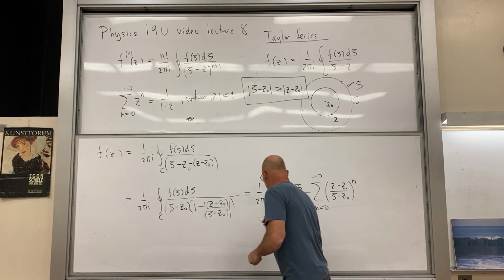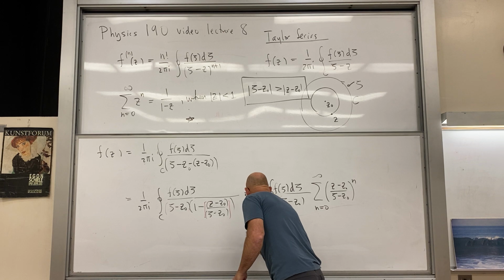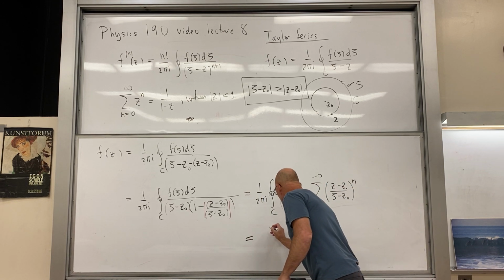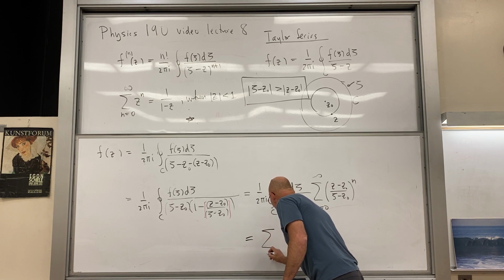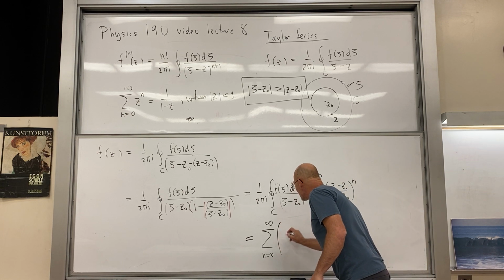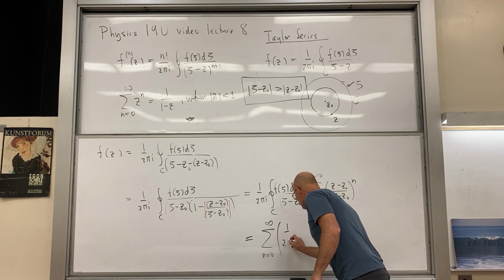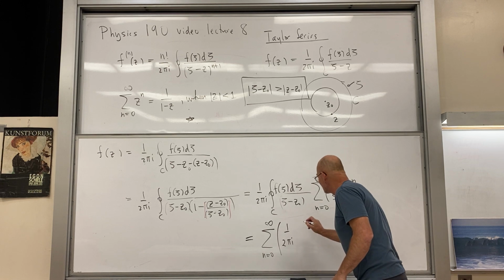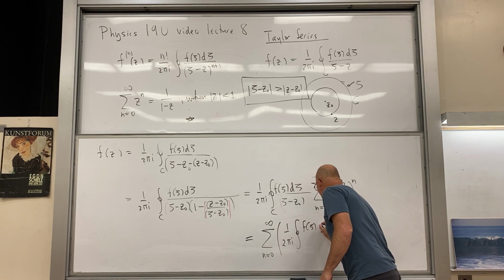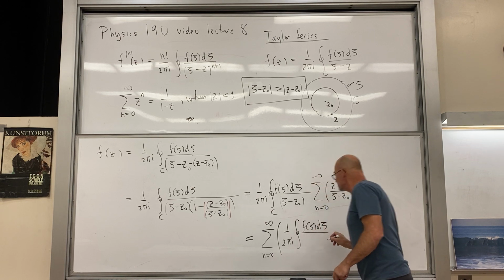So when we do that, I can write this all in one fell swoop. Let's have a look. Summation n equals 0 to infinity. We'll put in our integral 1 over 2 pi i integral f of zeta d zeta.